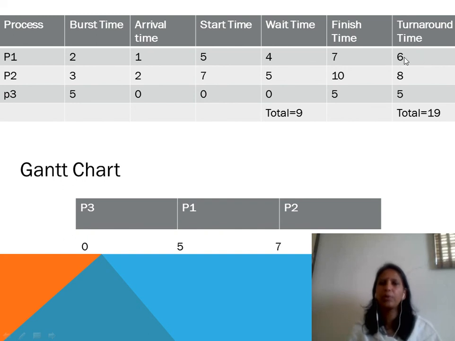For the P1 process, the finish time is 7 and its arrival time is 1, so the turnaround time for P1 is 6. Again, for the process P2 it is 10 minus 2, and for the third process it is 5 minus 0. The corresponding total of these three processes is 19, and the total wait time for these three processes is 9.